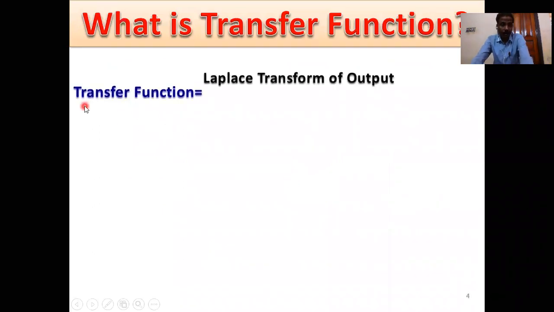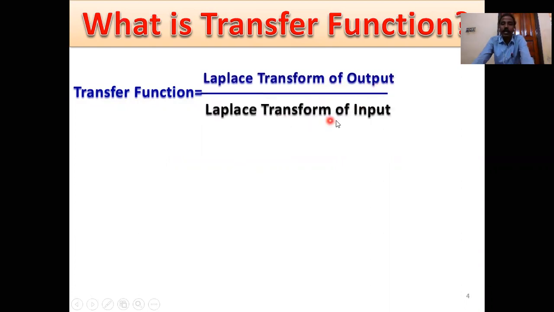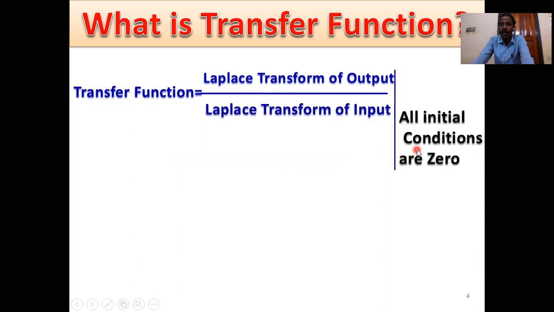By another definition, what is the other definition or symbolic form? Transfer function equals Laplace transform of output divided by Laplace transform of input, provided all initial conditions are zero.